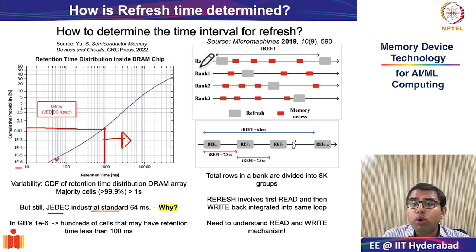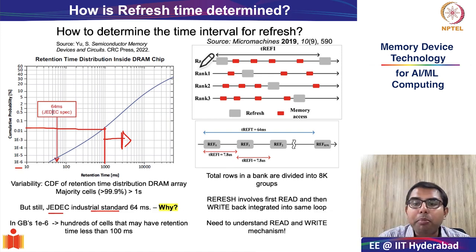Okay, so if you start refreshing all the rows at the same time, it will lead to very long refresh latencies. And therefore, to avoid these large refresh latencies, the total number of rows in a bank are divided into groups of 8,000. And this evenly distributed refresh latencies is what is facilitated during runtime.